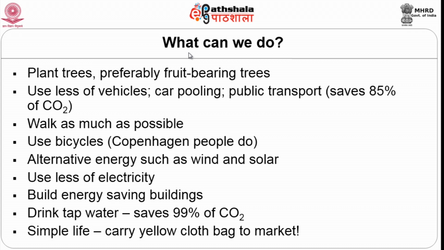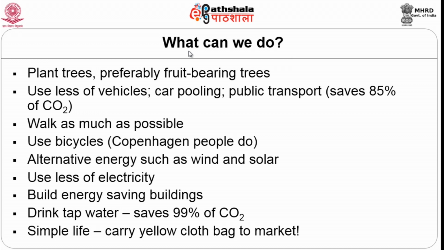This will be very welcome. Another aspect is that fruit bearing trees also take care of nutritional security in poor areas at times of food scarcity. Even if people do not have enough money to buy food, these trees will bear fruits, and to some extent nutrition security and food security will be ensured.